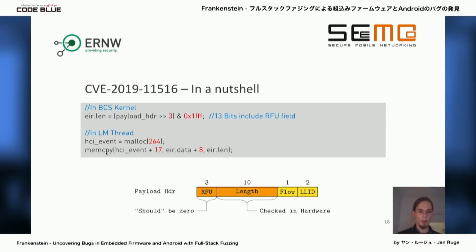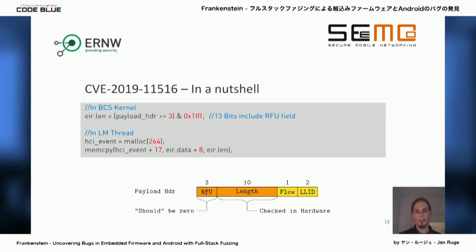And in the link manager thread, we are performing a memcpy operation using the previously computed length. The problem here is that the bit mask over here includes the RFU field, the reserved for future use field. This is normally set to 0 because it's reserved for future use, so it normally has no impact.